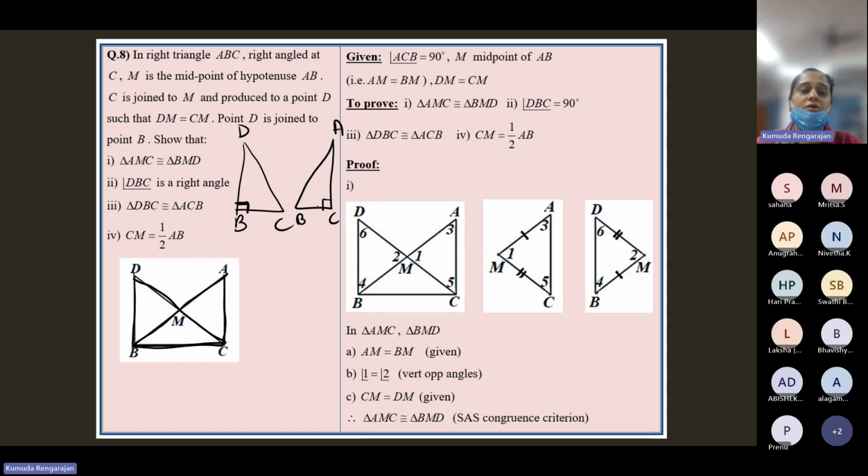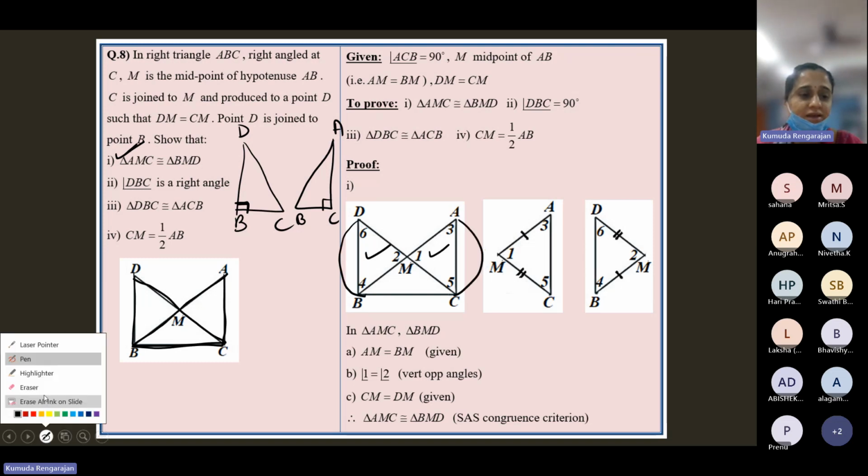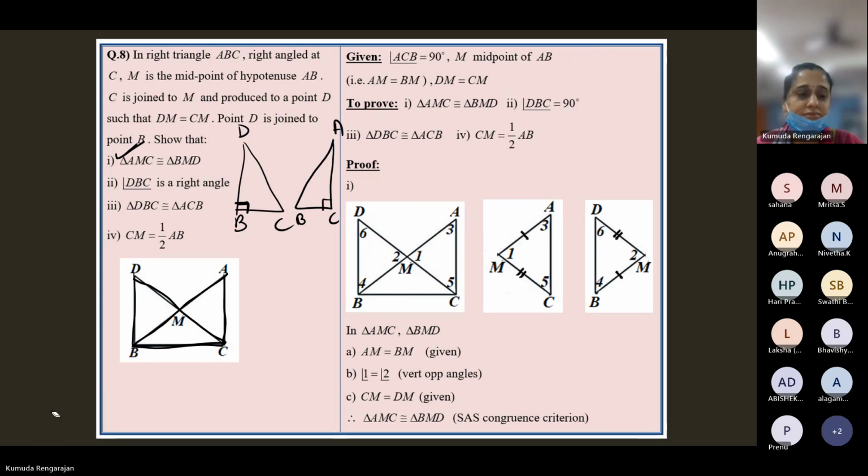All right. Now, going back to the first one, we have proved that this triangle is congruent to this triangle. So from CPCT, you will have DB equal to AC. That is, DB of this triangle will be equal to AC of this triangle, CPCT.